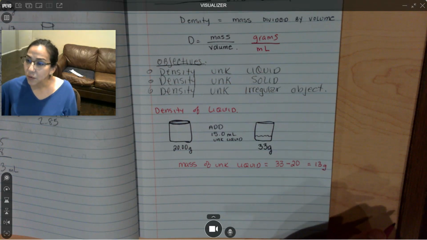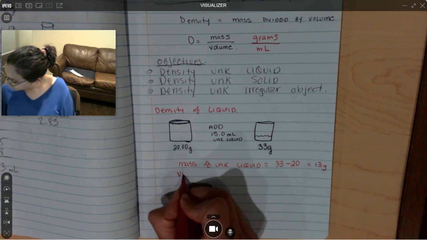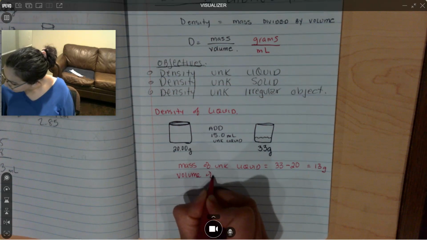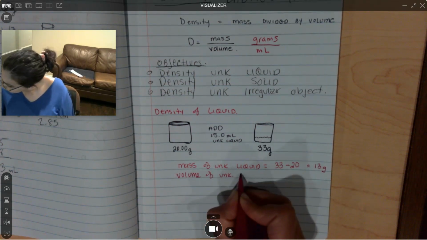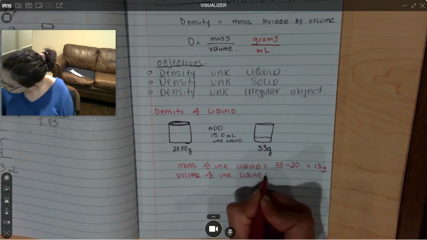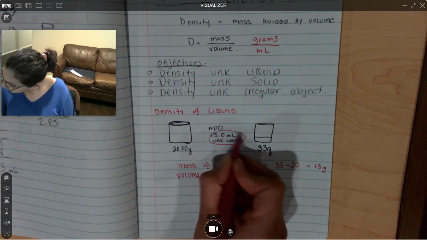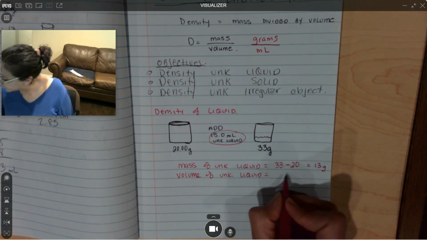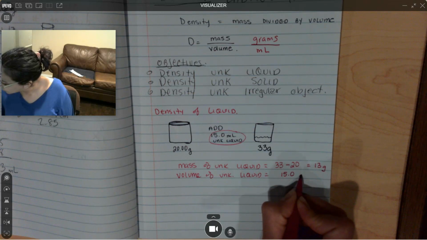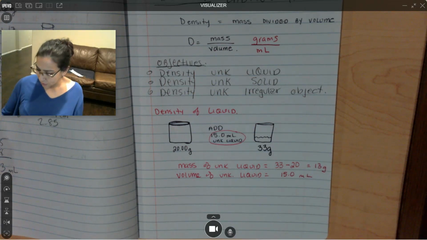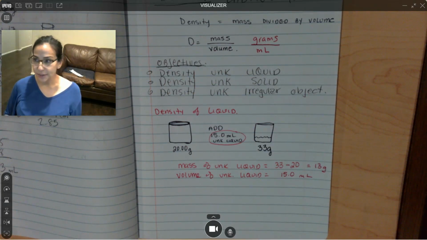Now we also know the volume of our unknown liquid, and that is going to be the amount that we added, the 15 milliliters.